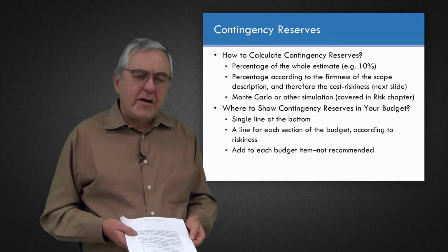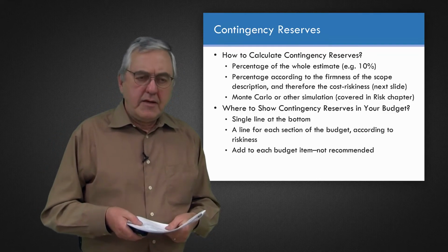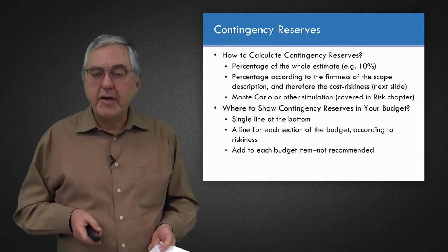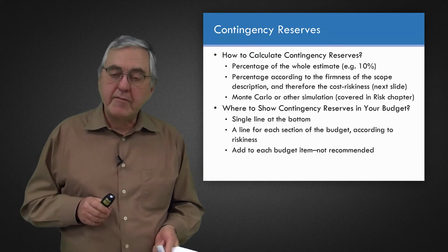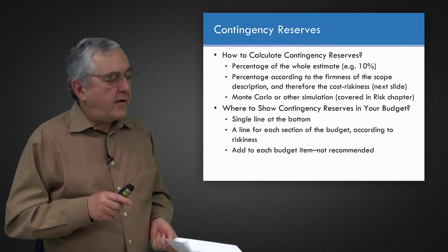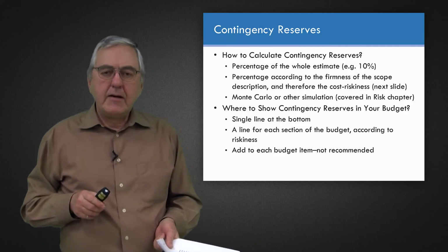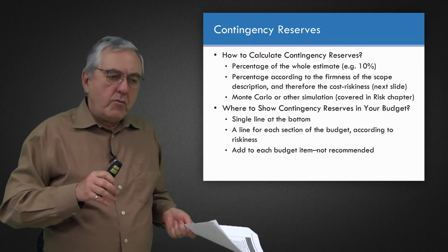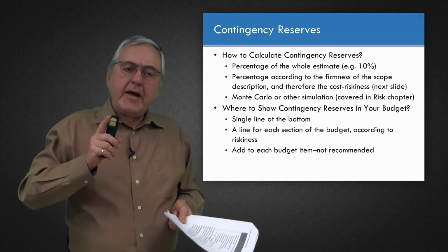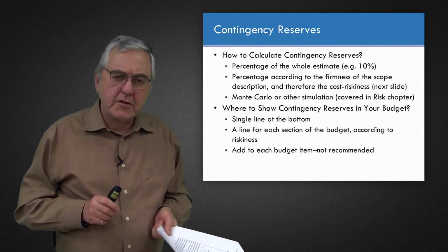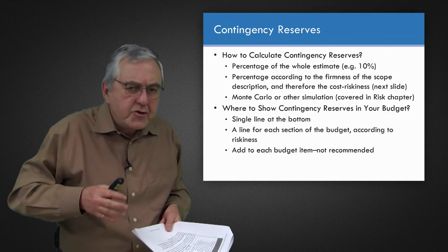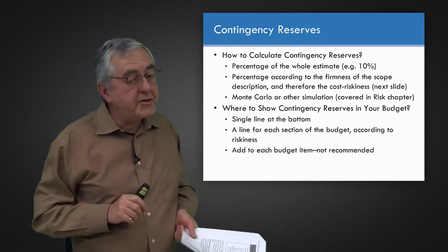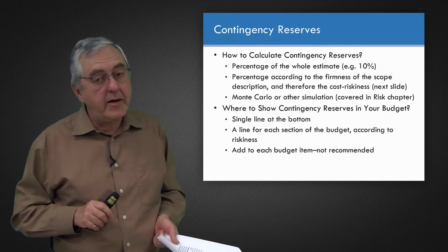Now, what is probably most commonly done is burying the contingency reserve in each budget item. That would not be recommended. If you give Mary a work package and her work package really should cost $9,000, but you've distributed your contingency reserve to all of the work packages, so really what's approved is $10,000 for Mary.